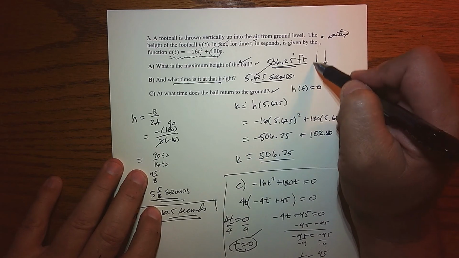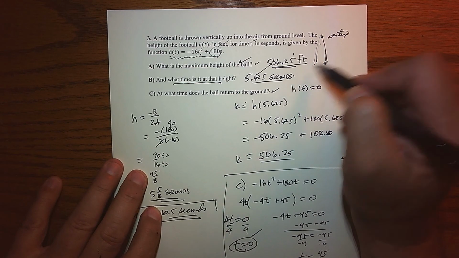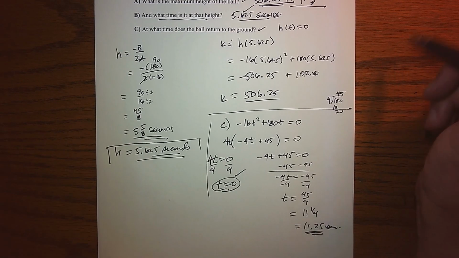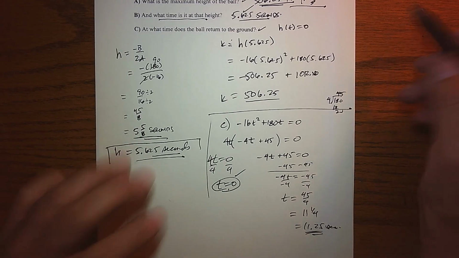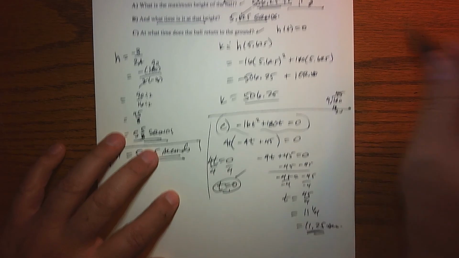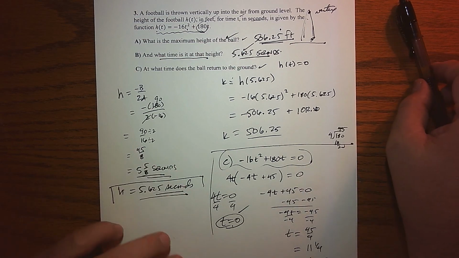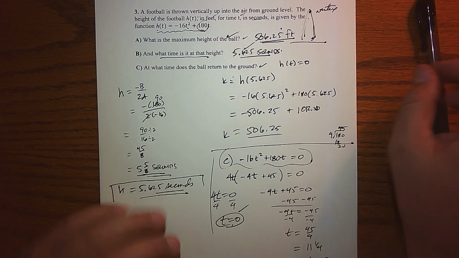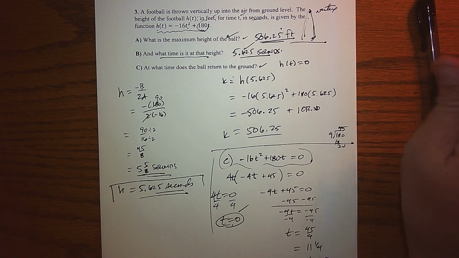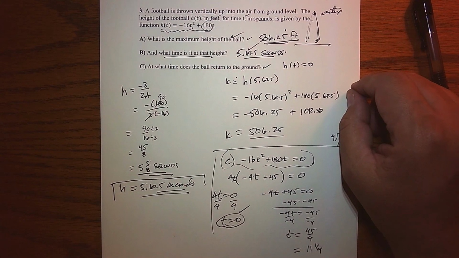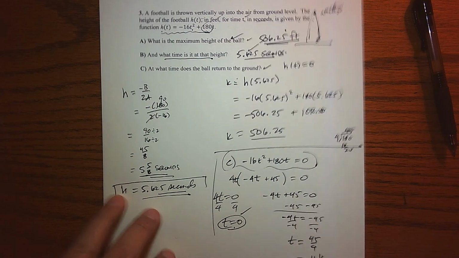So it starts, the ball reaches its maximum height, comes back, returns to Earth, if you would, a little over 11 seconds later. So again, that idea of finding an x-intercept, in this case I used factoring to find it and get the job done. There's other ways to solve quadratics, but this one happened to factor really well. You can complete the square, you could use the quadratic formula, all kinds of different ways to get the job done. So there's your applications.